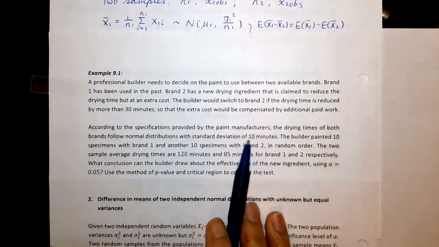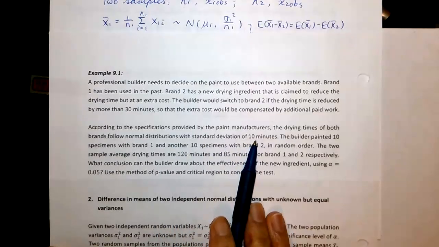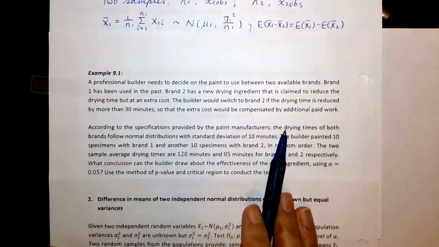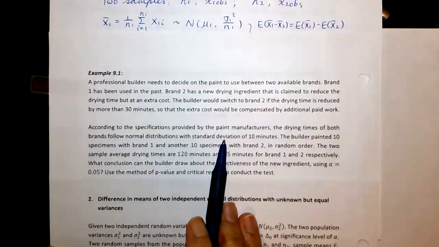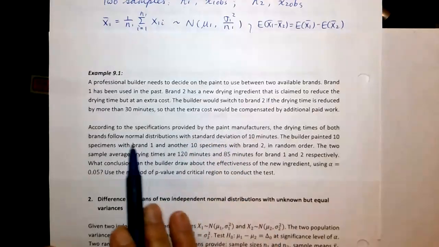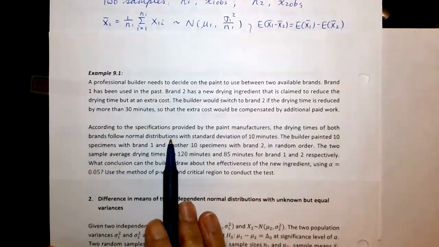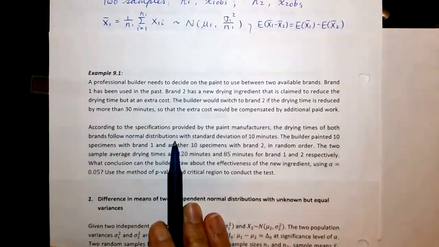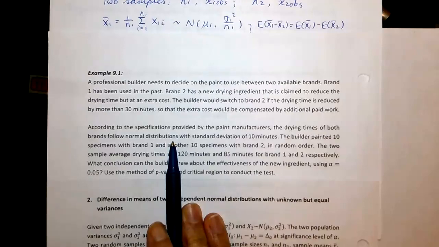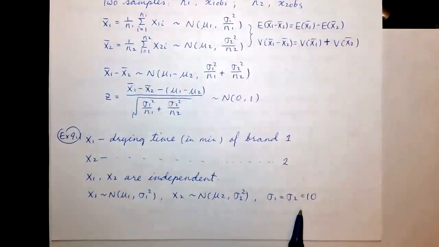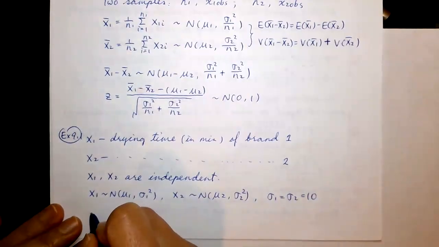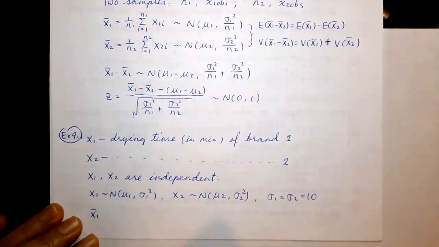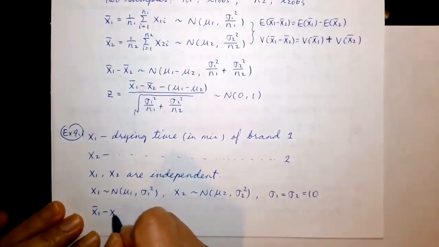The drying time of both brands follow normal distribution with standard deviation of 10 minutes. This 10 minutes appears in the sentence that the drying time of both follows normal distribution with standard deviation. So the standard deviation is for these normal distributions. That's why it's not sample standard deviation, it's population standard deviation. So I use the 10 for sigma 1 and sigma 2.